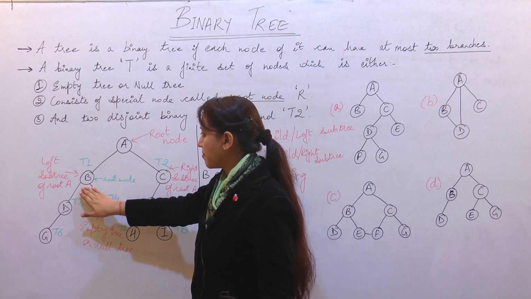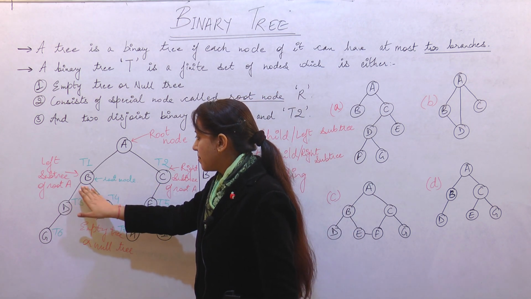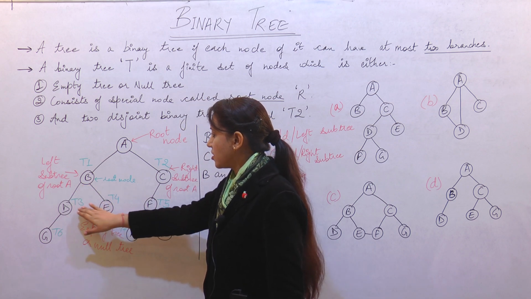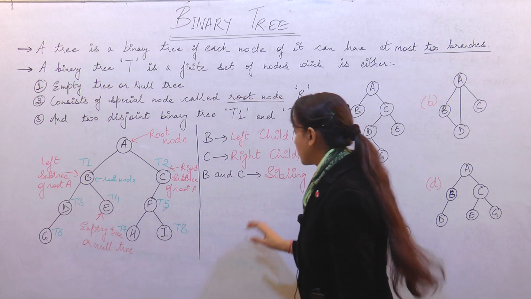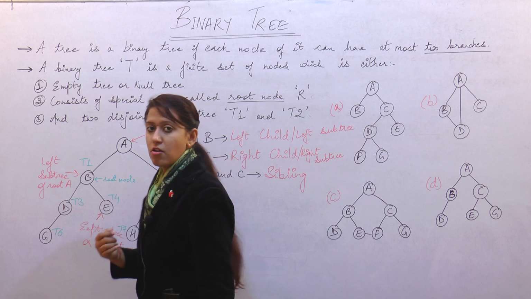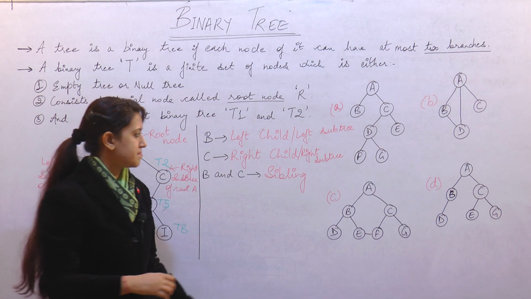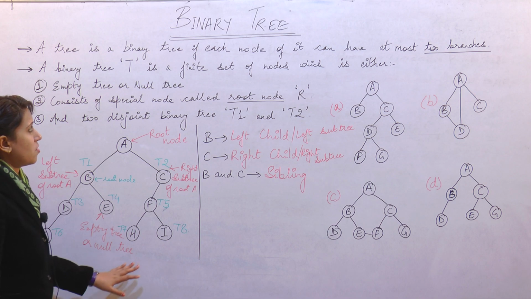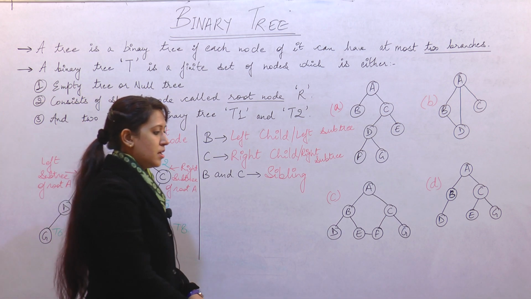Similarly, on considering B as parent, D and E are the siblings and children of B. So the meaning of sibling denotes the children of the same parent. Okay, so this was the basic introduction of binary tree.